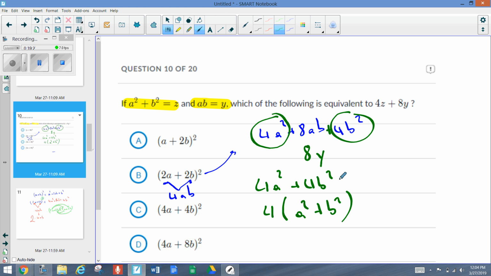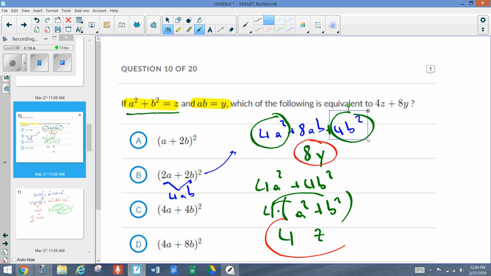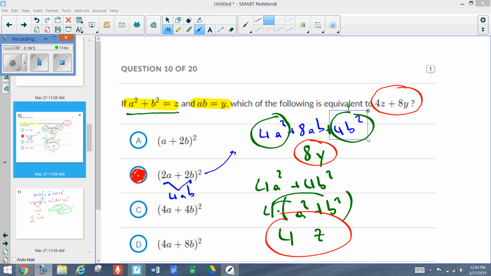So same thing, 4a squared plus 4b squared, when you distribute it, we're going to get the same thing. A squared plus b squared is equal to z. So there is 4z. Since we're adding them, 8y plus 4z. This is the question. What is 8y plus 4z? Does that make sense? That satisfies.